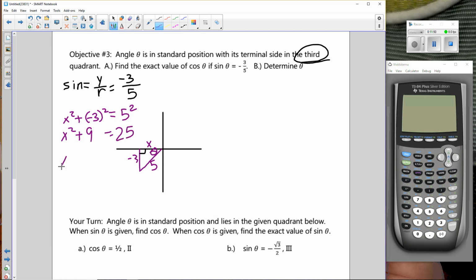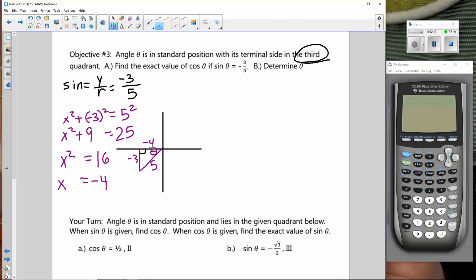It's ultimately going to end up being a 3, 4, 5 triangle. Take the square root of both sides. When you take the square root of 16, it can technically be 4 or -4. But since we're in quadrant number 3, x has to be -4. It's all about what quadrant we're in.